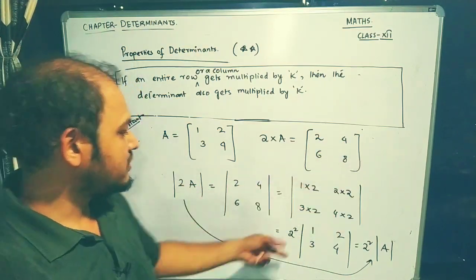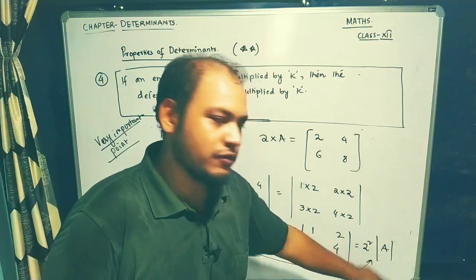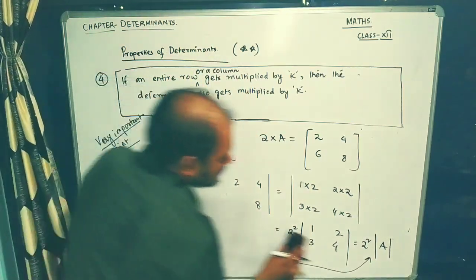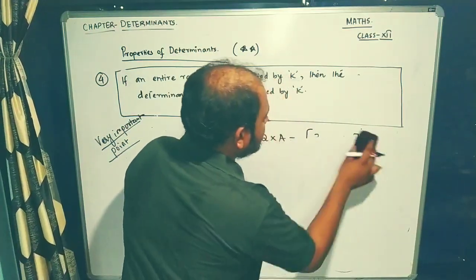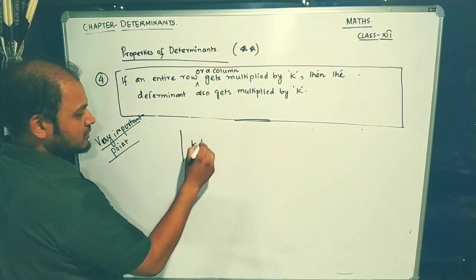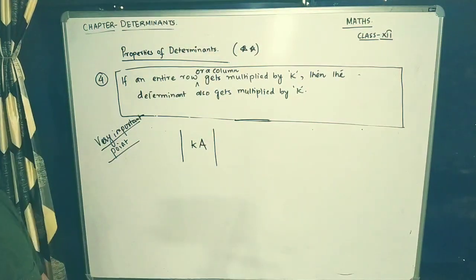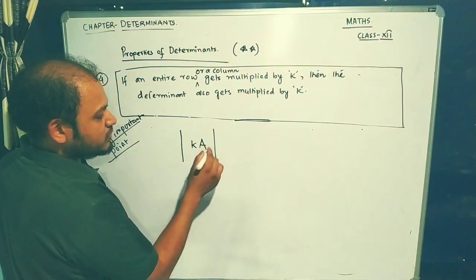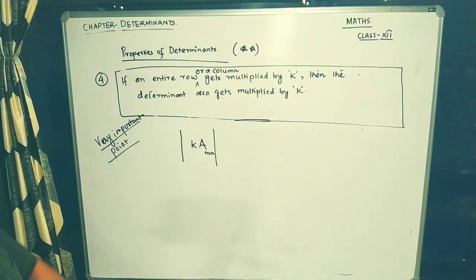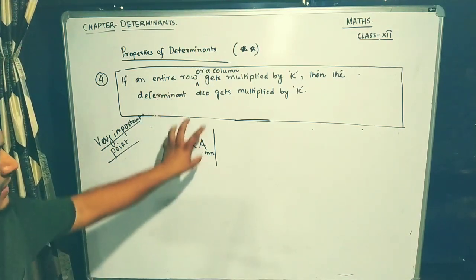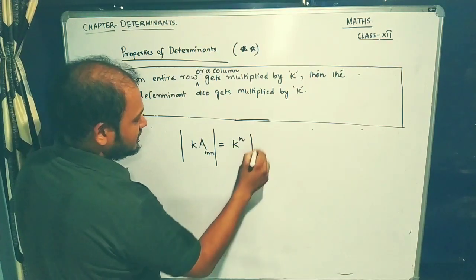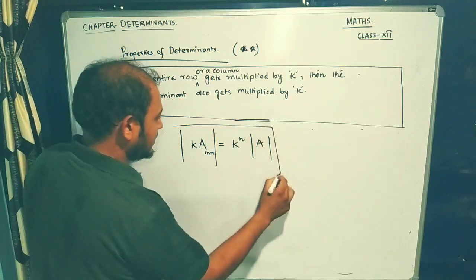Then if you take the determinant, this becomes 2 square times the determinant of A. So, my very important point here is that the determinant of any matrix that is multiplied by a scalar number, if A is an n by n square matrix and you are multiplying that matrix with k and then you take the determinant, will be equal to k to the power n times the determinant of A. This is a very important result.